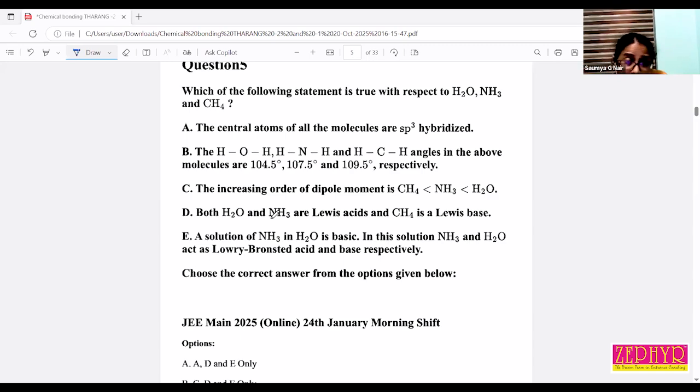First statement: the central atom of all the molecules is sp3 hybridized. Is it correct? Yes. Oxygen is the central atom, with 6 electrons in the outer shell.